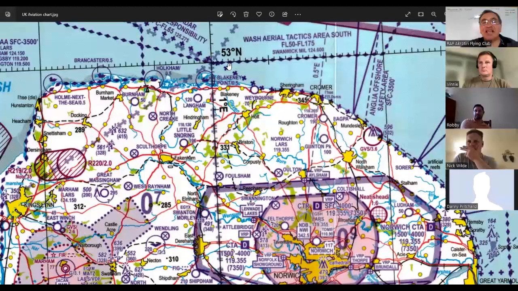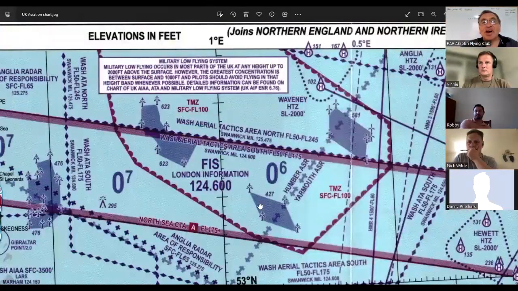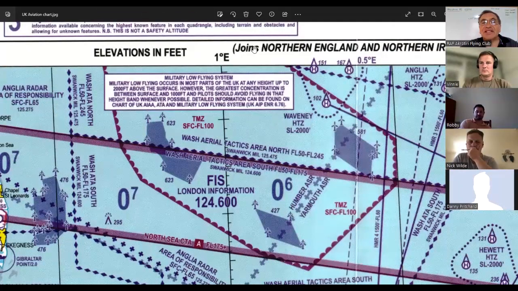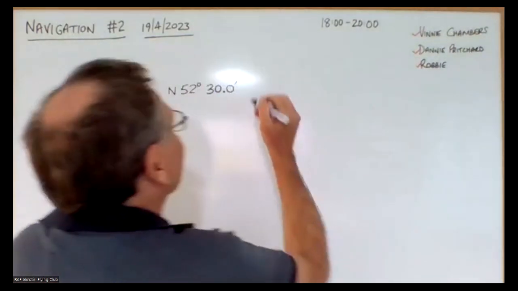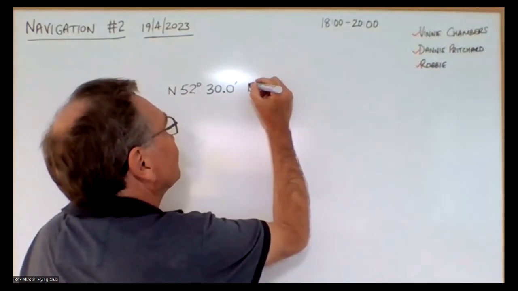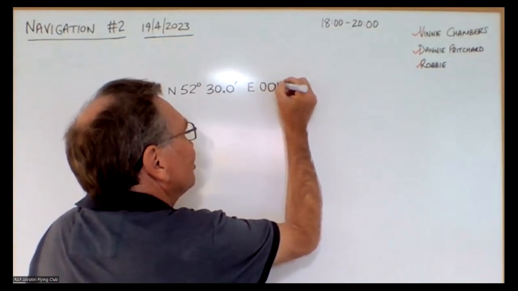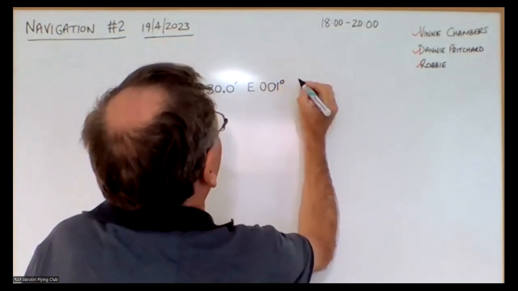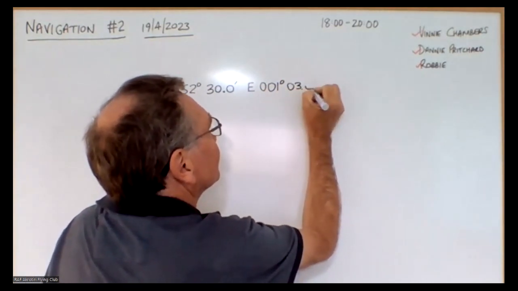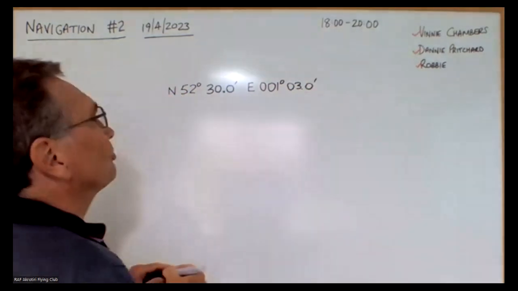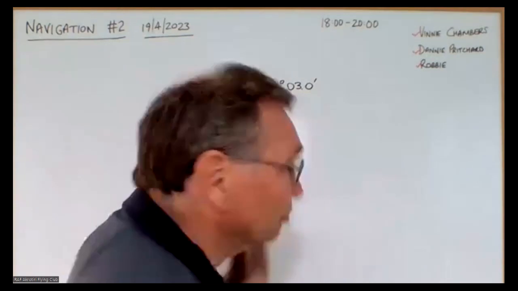So that's going to be 3 minutes. So we would write that down. That's 1 degree east and 3 minutes. So that would be east 001 degrees, 3 minutes. That's how we'd write down the latitude and longitude of Old Buckingham.